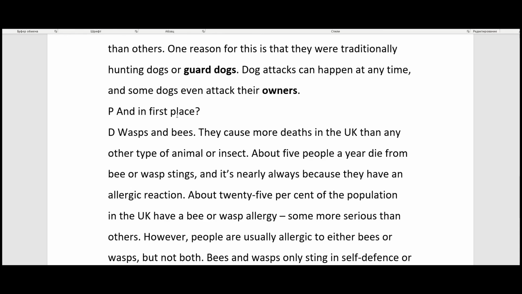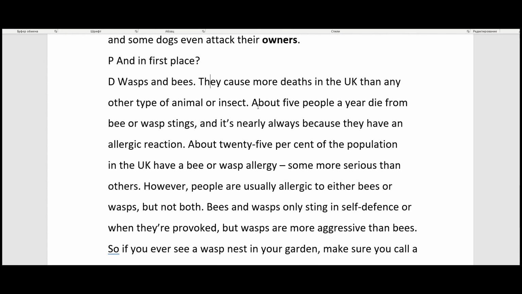Так, и на первом месте у нас осы и пчелы. Они вызывают больше смертей в Великобритании, чем любой другой тип животных или насекомых. Около 5 людей в год умирают от, получается, вот этого жала. Ну, можно сказать, они умирают от того, что их ужалили пчела или оса.